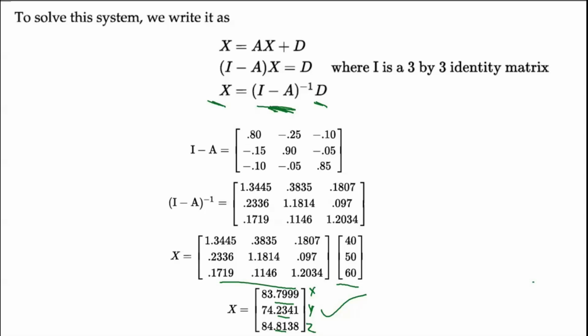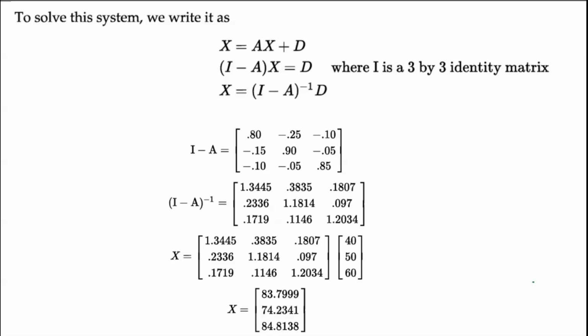So in other words, the farmer has to produce 83.79999 billion dollars worth of produce. Same thing with the carpenter. He has to produce $74.2341 billion of whatever he produces, construction really has to do that work.